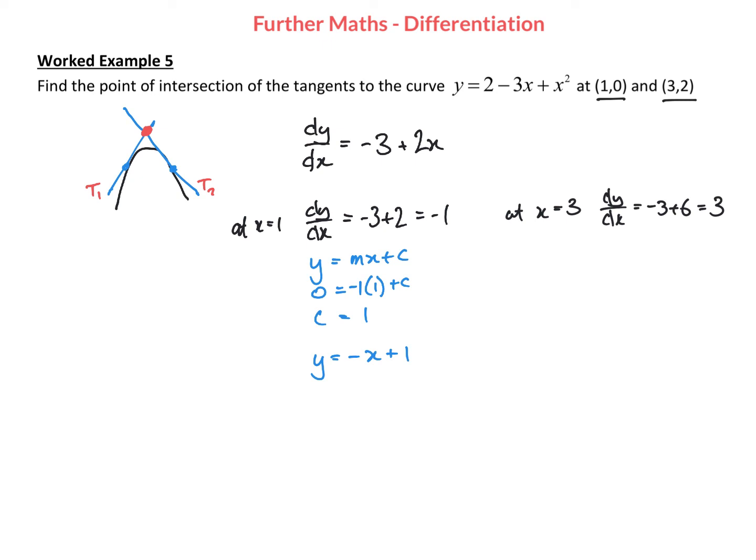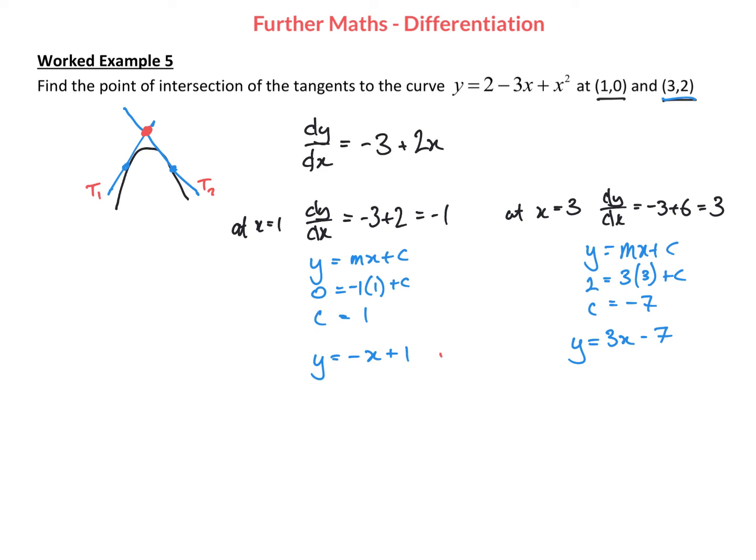The second one, we've got the point 3, 2 and the gradient of 3. So again, if we use y equals mx plus c, we get 2 is equal to 3 times the x coordinate of 3 plus c. And so here we get c is minus 7. So this is the equation y equals 3x minus 7.